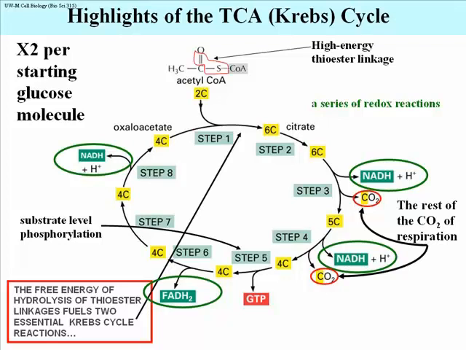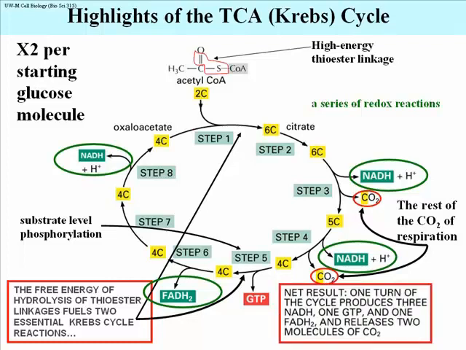That is an energy-requiring reaction fueled by the hydrolysis of the thioester linkage. And the second place is actually in step 5. The energy to form the GTP in higher organisms, or the ATP in bacteria, comes from the hydrolysis of a thioester linkage. I don't show that in step 5, but you'll see it later.